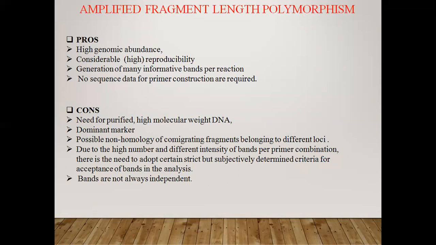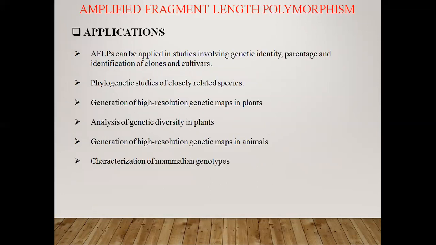It can't distinguish between heterozygous and homozygous species. And bands are not always independent, but new inventions are still going on. It has many applications, as I said: DNA fingerprinting, phylogenetic studies, diversity studies in plants, and high resolution genetic maps.